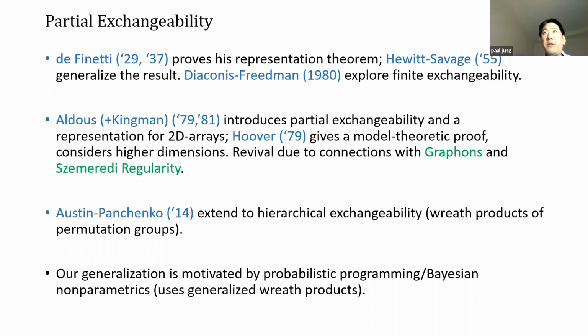But this theorem has gotten a revival as of late because actually there's a deep connection with the topic of graphons and Szemerédi regularity, and many of you probably are familiar with what graphons are and what Szemerédi regularity is. And actually, it was noticed by Diaconis and Janson in 2006 that the Aldous-Hoover theorem gives essentially a proof that graphons are the limits of very large graphs.